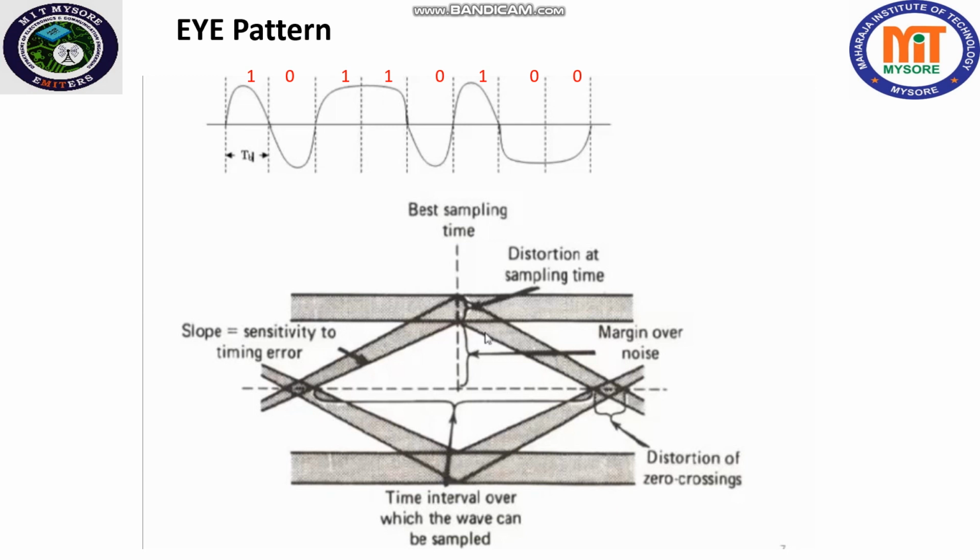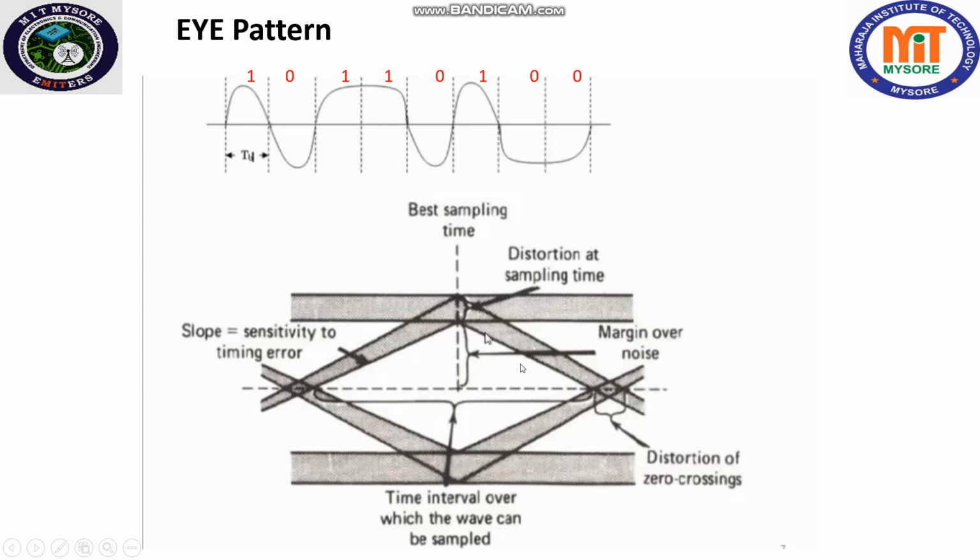The effect of ISI is to close the eyes. That is, this eye will close if ISI is very high, thereby reducing the margin for additive noise to cause errors.